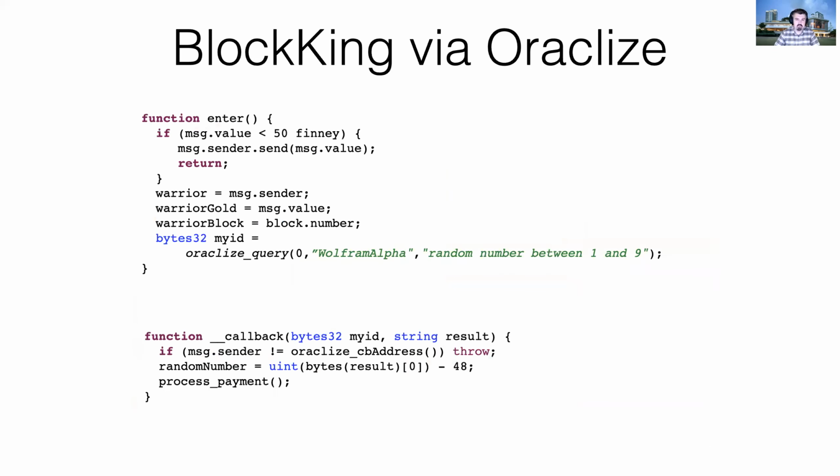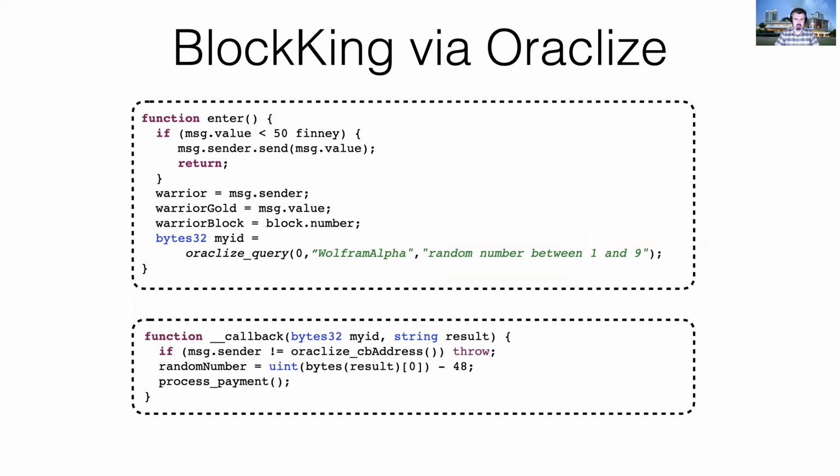In fact, there are quite a few contracts on the Ethereum blockchain that violate this simple observation. There is a game called Blocking, which likely was not super popular, which does exactly that. It sends a query to an oracle, but when the answer comes, it might be an answer to a different query. And this altogether might result in the reward for the game being transferred to a wrong party, which was not the actual winner, but someone else.